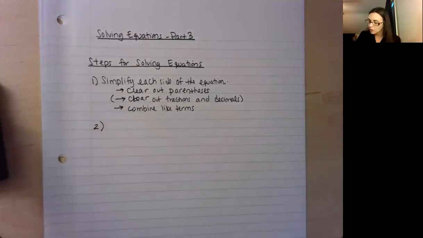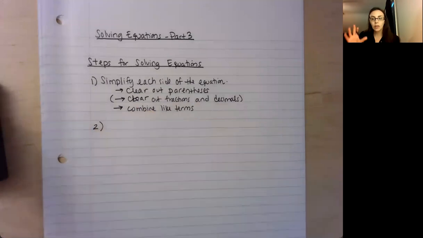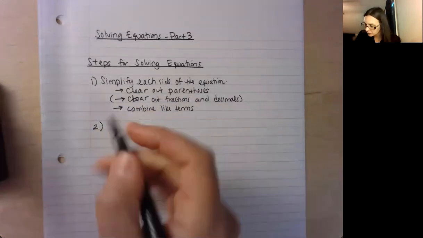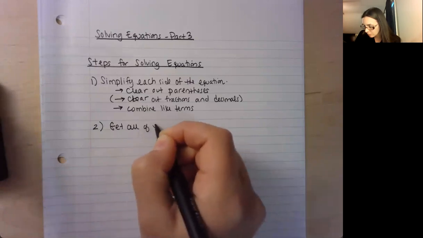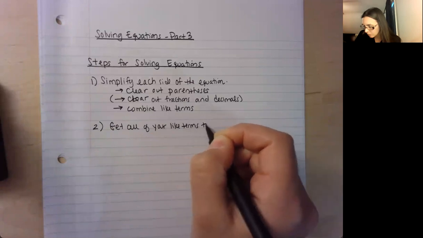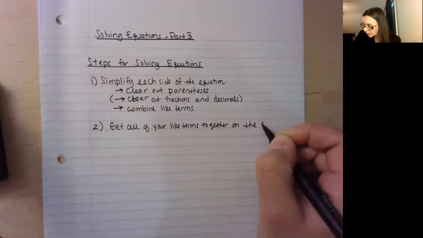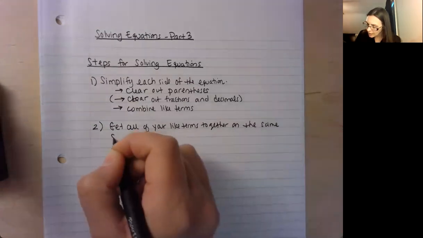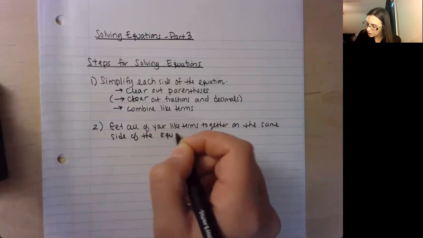The second thing you're going to do is you're going to get all of your like terms together on the same side of the equation.